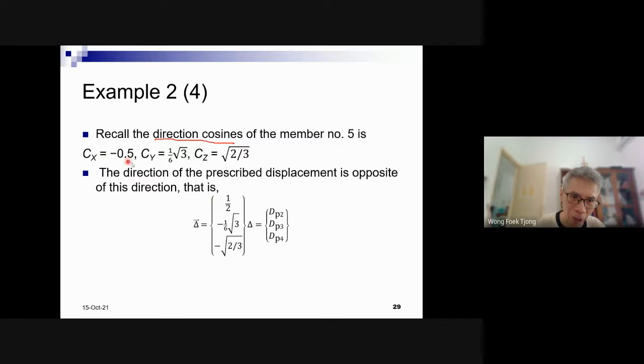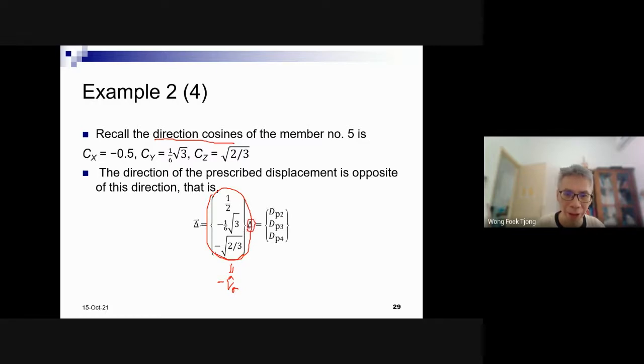A vector whose components are direction cosines is a unit vector. This is V5 hat, minus V5 hat times delta.